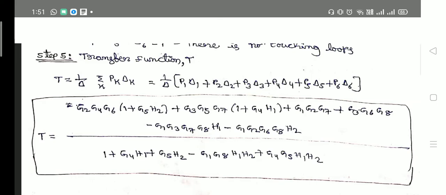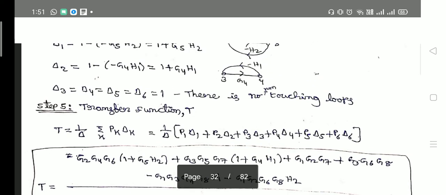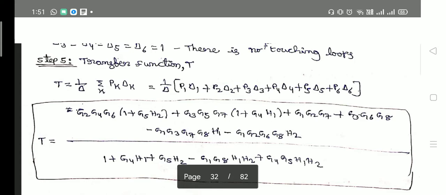Next value is P5 delta 5. Delta 5 is also 1, so I am writing only P5. That is P5 is minus G1, G3, G7, G8, H1. And P6 delta 6. Delta 6 is also 1, so for P6 I am writing minus G1, G2, G6, G8, H2.